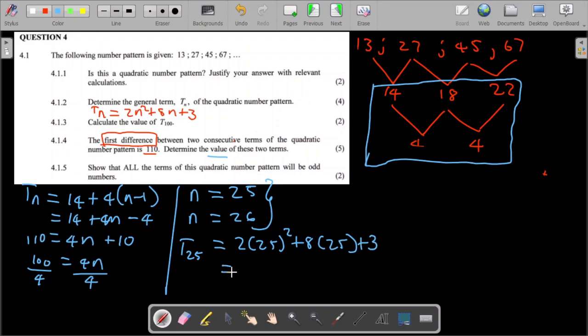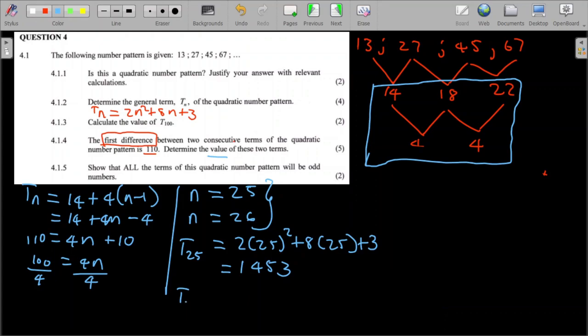This is very important. It gives me 1453. And then from here, getting T26, because these terms are consecutive.